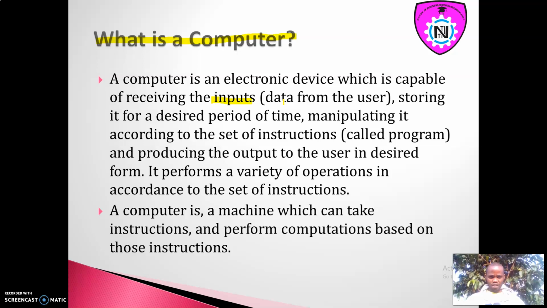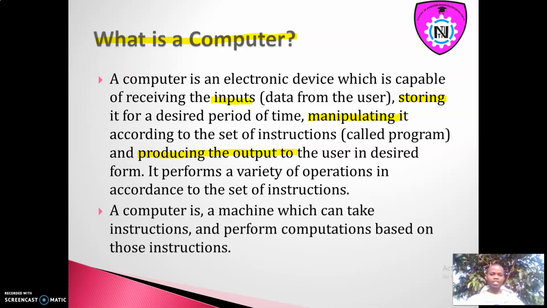So a computer is an electronic device that is capable of receiving inputs, storing it for a desired period of time, manipulating it according to instructions that are set, called programs, and producing the output to the user in a desired form.